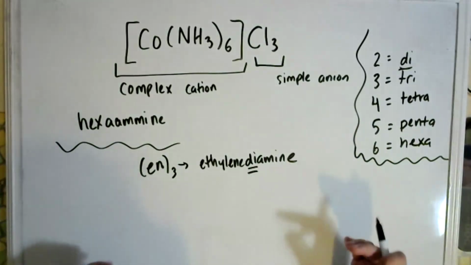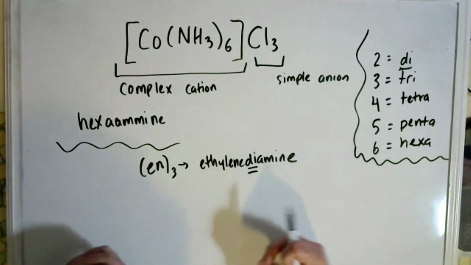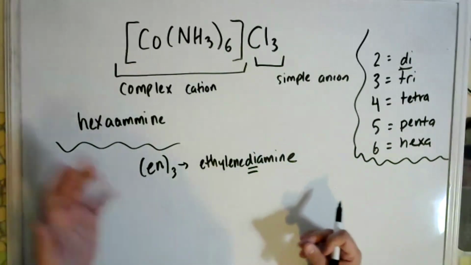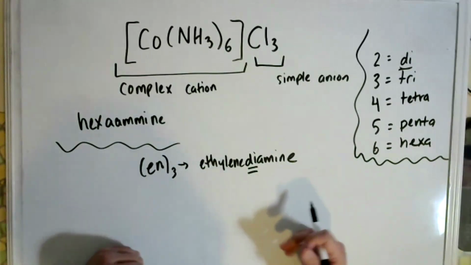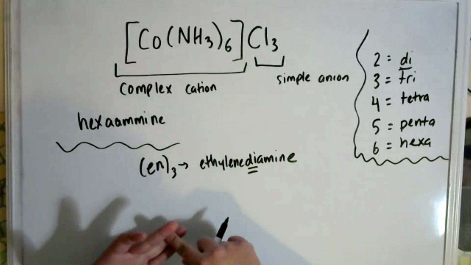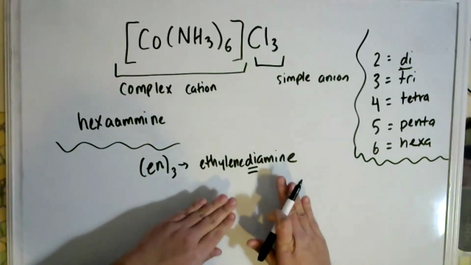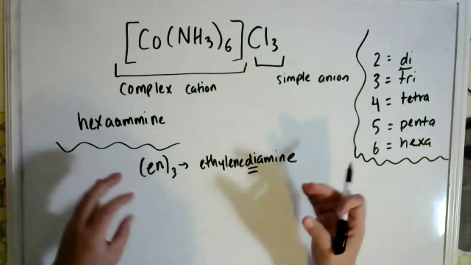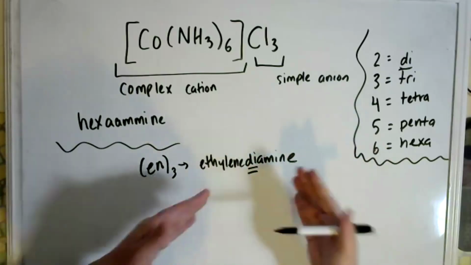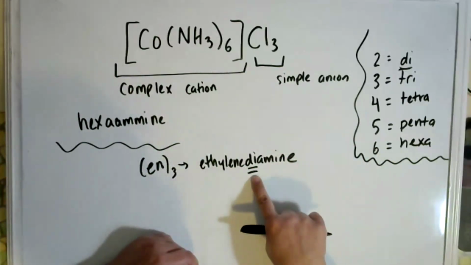So for this very special case, these prefixes are only going to apply really to ethylene diamine, because the only ligands that we work with that meet this criteria are ethylene diamine and ethylene diamine tetraacetate ion. But we're not going to have more than one of those because they're so big. So these prefixes are really going to be used in our examples for ethylene diamine, but just know that the reason why we're using it here is because there's already a prefix in this name.